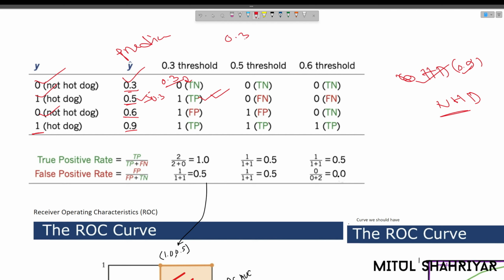If we have 0.3, we can refer to it as 0, no problem. So 0.3 or less is referred to as 0, and bigger than 0.3 is referred to as 1. So 0.6, which is bigger than 0.3, is 1.